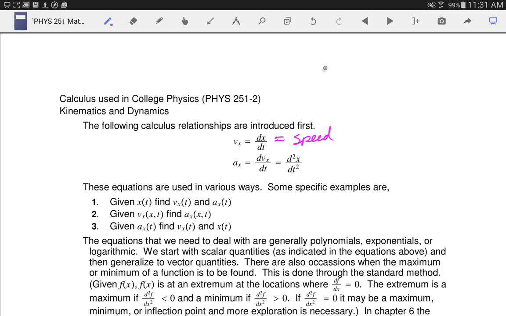In general physics, we will define Vx is equal to delta x over delta t. That capital Greek delta simply means the change in, or the final minus the initial.